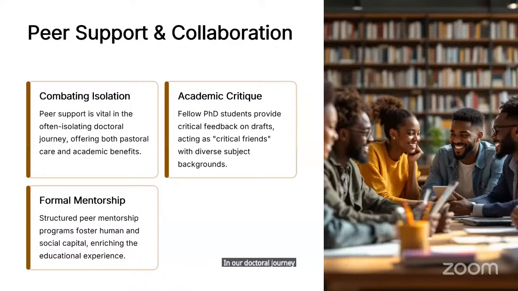How can we ensure, acquire and sustain this in our doctoral journey? By exploring the avenue of peer support and collaboration, you combat isolation so that the journey doesn't become too lonely. It provides an opportunity for you to share your thoughts and feelings with others, just the way someone demonstrated on this platform with us this morning.